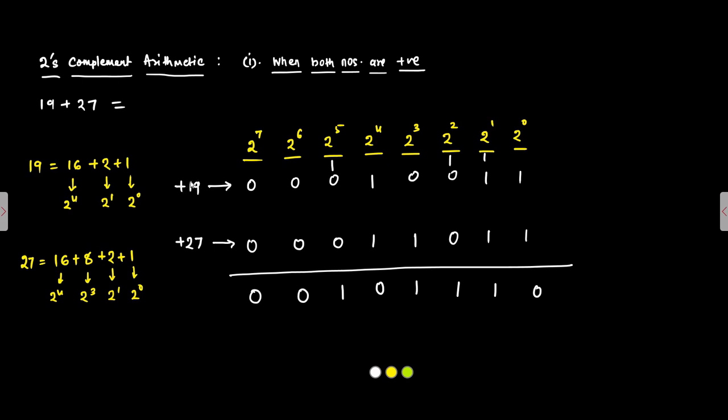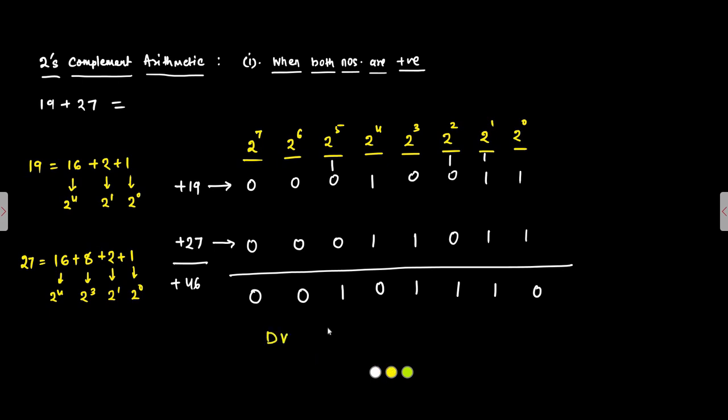In decimal form, plus 19 plus 27 is 46. Now let us convert the result into decimal form to see whether it is correct.